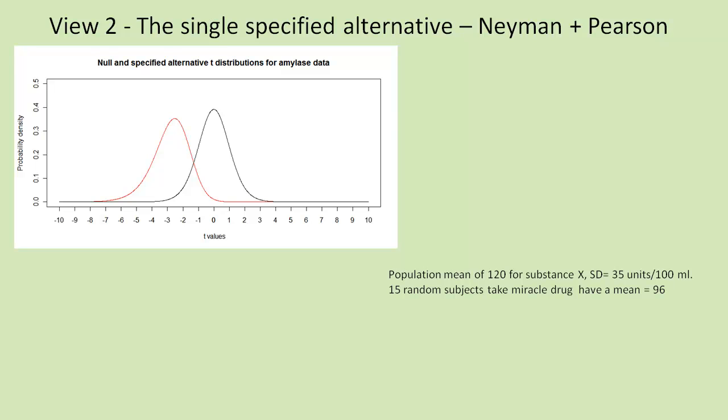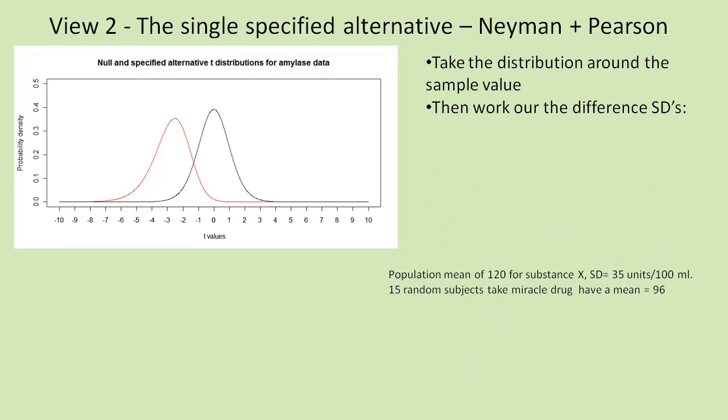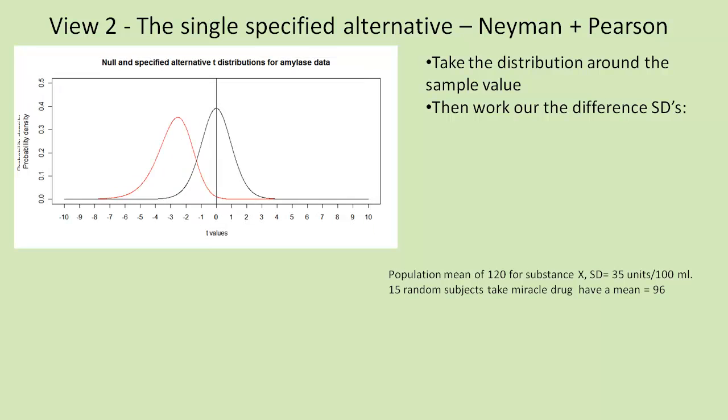So, in the Neyman Pearson approach, we have a specific alternative, and it is the t-distribution around the mean of a sample in the miracle/amylase drug example. So we know the null distribution is around t equals 0, and now we have the alternative distribution around t, which equals minus 2.656.